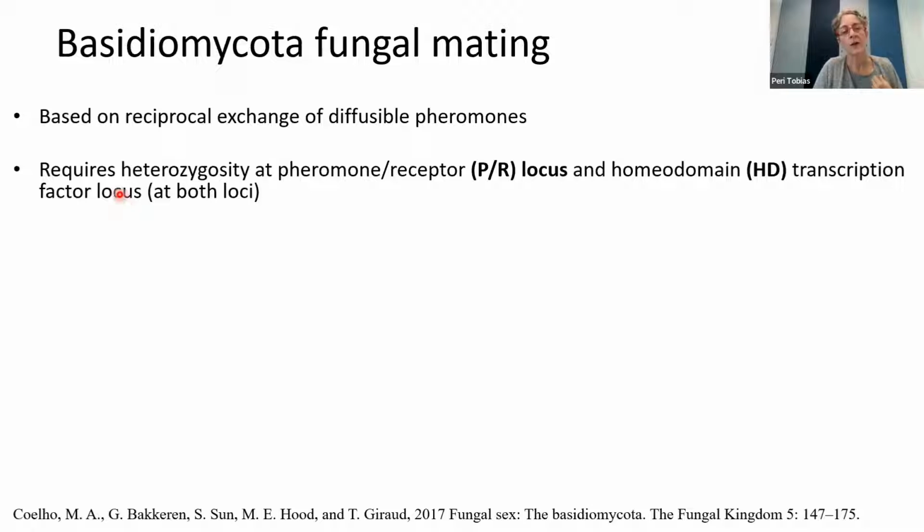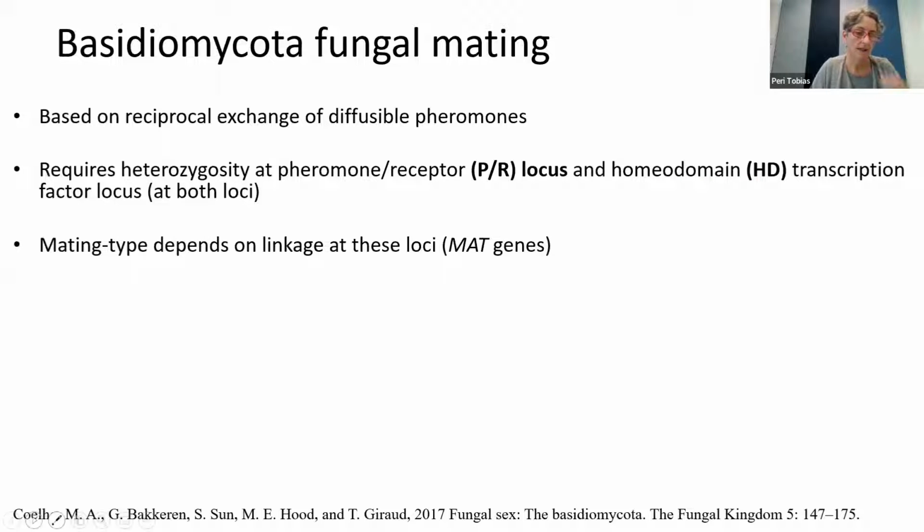So we have to have heterozygosity at both these loci for compatibility in mating. So the type of mating strategy depends on linkage of these two loci. They're called MAT genes.